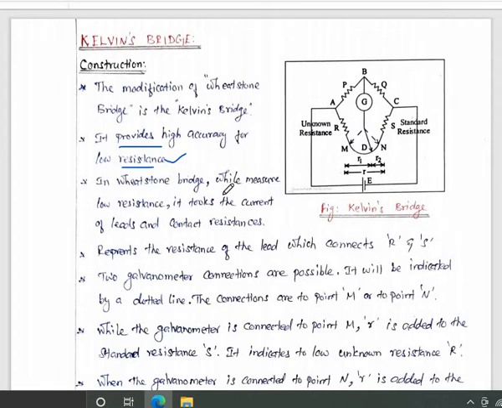In the Wheatstone bridge, while measuring low resistance, the error that occurs is due to the current in the leads and the contact resistance. We are using some metal leads from the resistance, and current also flows through them, so that resistance is added and it does not give a very proper output.